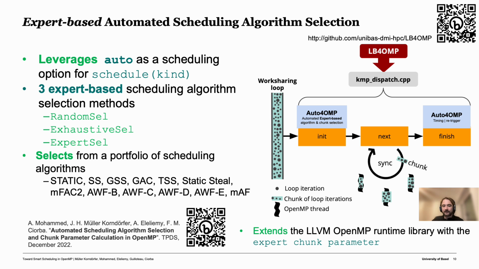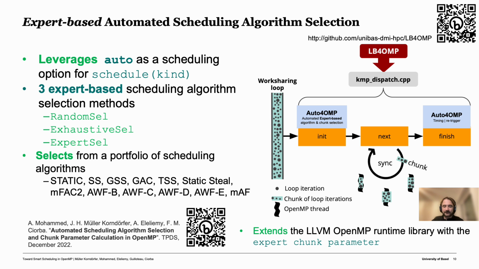And the image here shows a simplification of the modifications we made to the LB4OMP library, but it also translates into modifications that are required in the LLVM OpenMP runtime library.